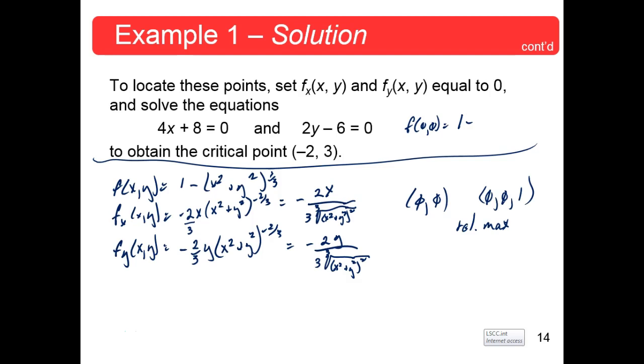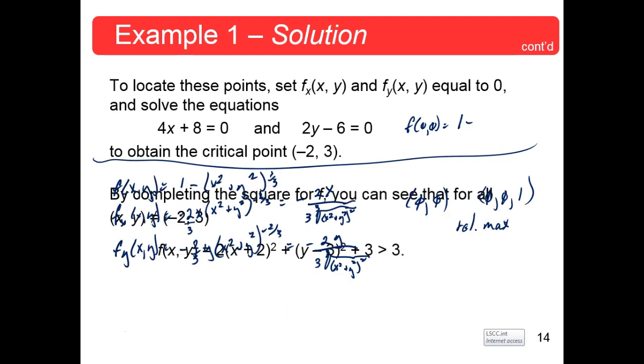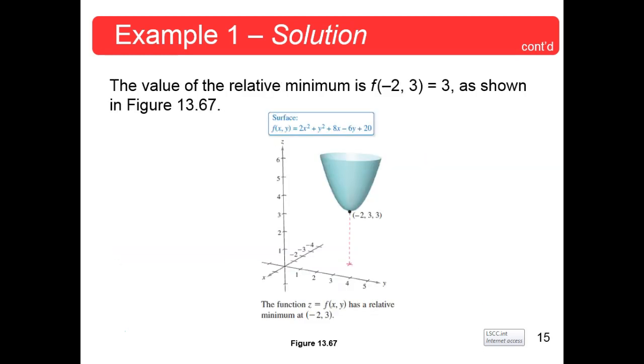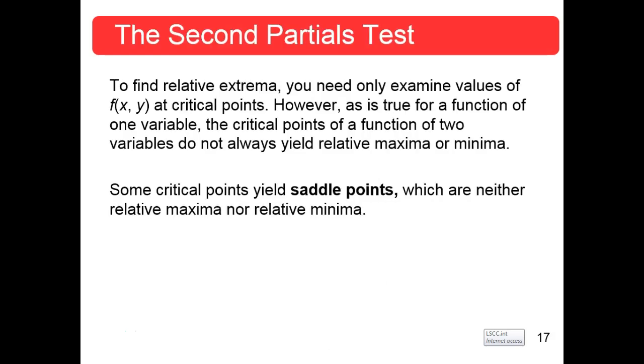All right. And see if we can move to the second partials test. Okay? To find relative extrema, you need only to examine values of f of xy at the critical points.